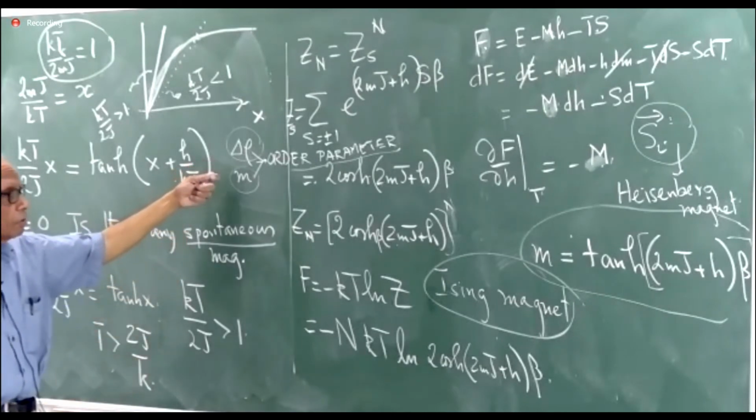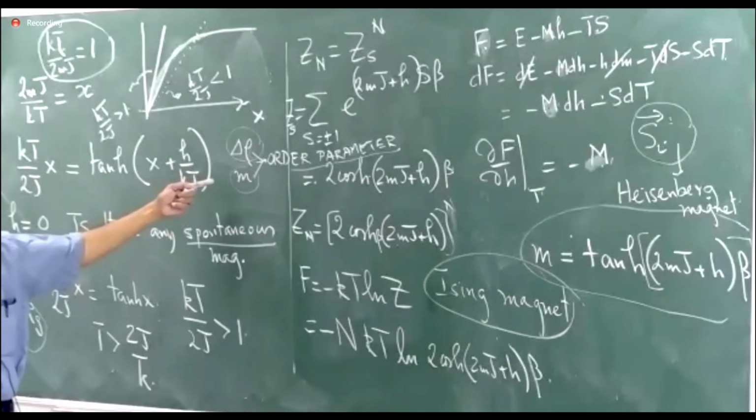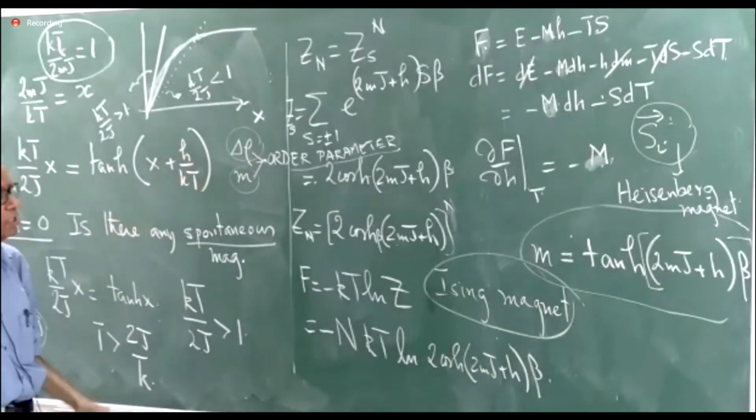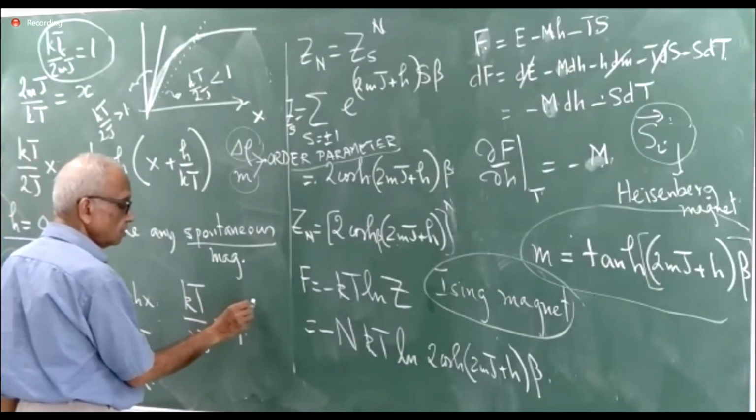So the order parameter, you see, can be a scalar or a vector and so on. And the vectorial nature of the order parameter is generally characterized by a number n.